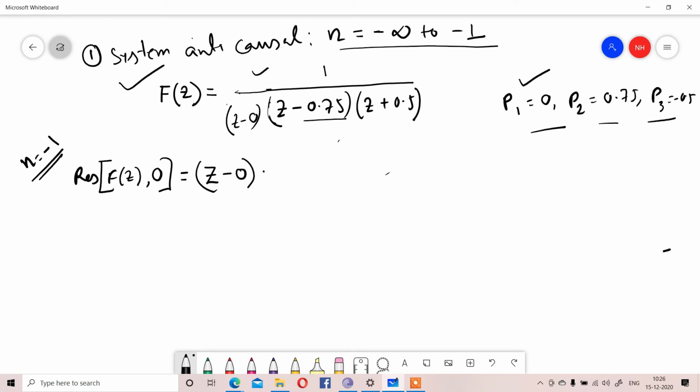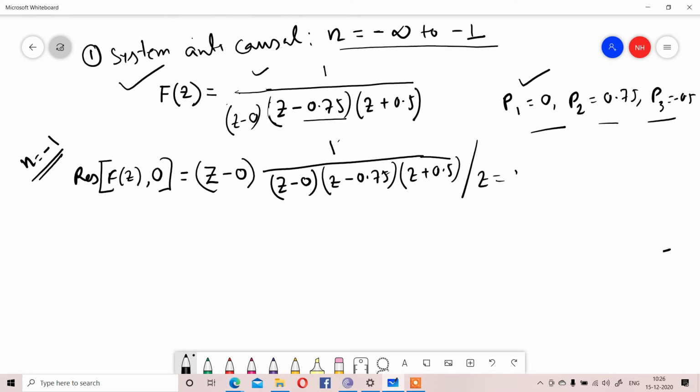So for the first pole, 0, value will be z minus 0 into F(z). Here the value of F(z) is 1 by z minus 0, z minus 0.75, z plus 0.5, where z equal to 0.